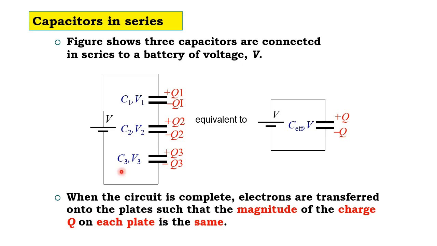When the circuit is complete like this, once we close the switch, the electrons will be transferred onto these plates, so the magnitude of the charge Q on each plate must be the same.